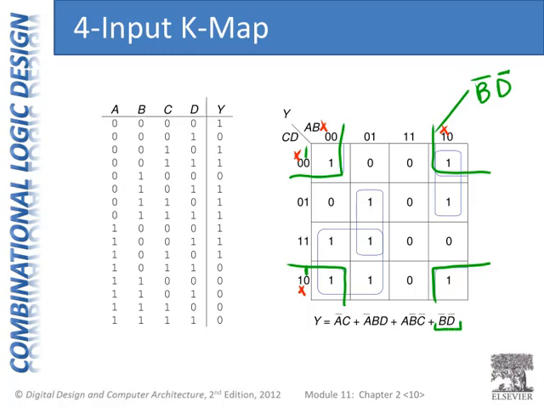Remember that circles can wrap around the sides, both the top and bottom, and right to left, or both in terms of the corners. So if there are ones in all of the corners, as it was in this case, you can circle all of those ones to make a minimized term.